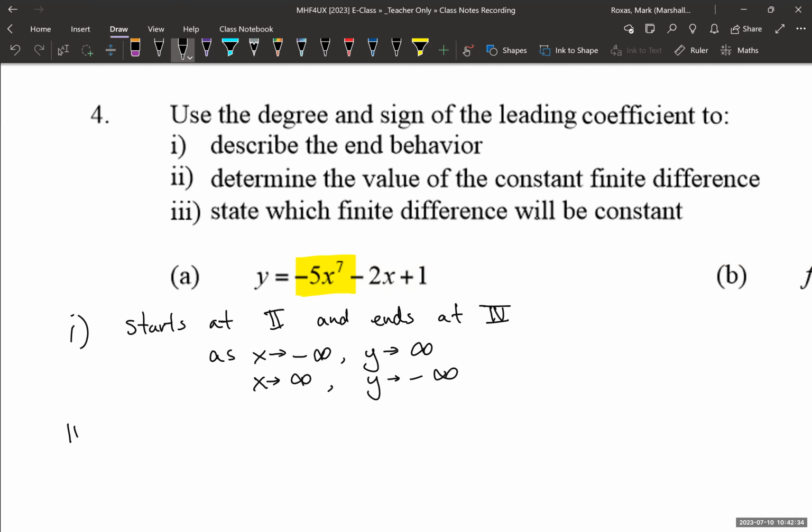Okay, number 2, if the degree is 7, n equals 7, and your leading coefficient a is negative 5, then what's the finite difference? The 7th difference is going to equal negative 5 times 7 factorial.